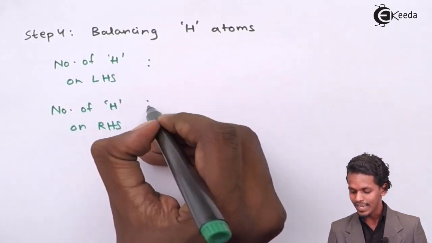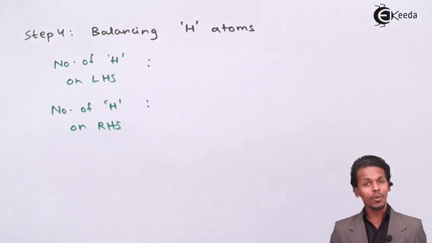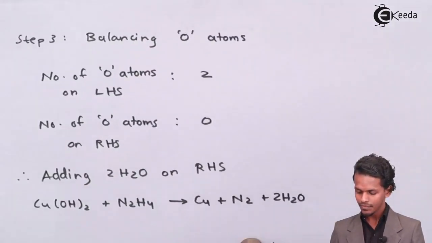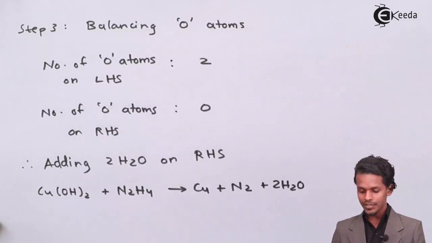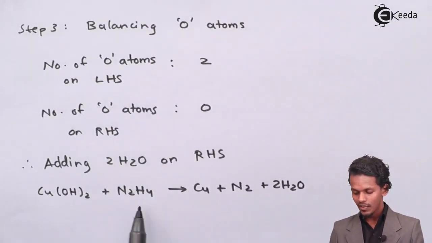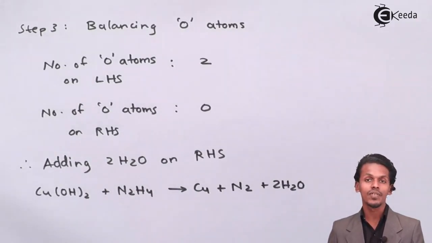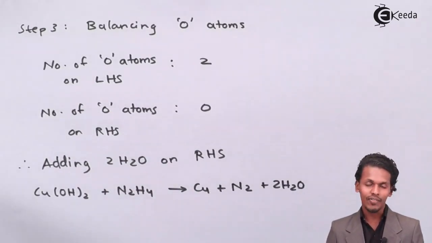If I observe the last equation that was balanced, the number of hydrogen was 2 in this case while 4 in this case, which makes an ultimate of 6 hydrogen atoms present on left hand side.